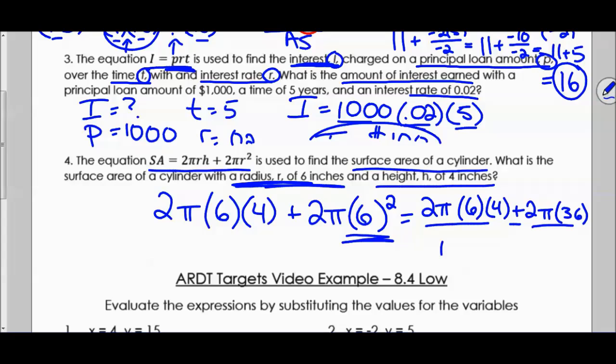That'll give us 150.796 plus 2 times pi times 36, and that is 226.195. Now we add those two together, and that'll give us 376.99. The units of surface area are always inches squared.